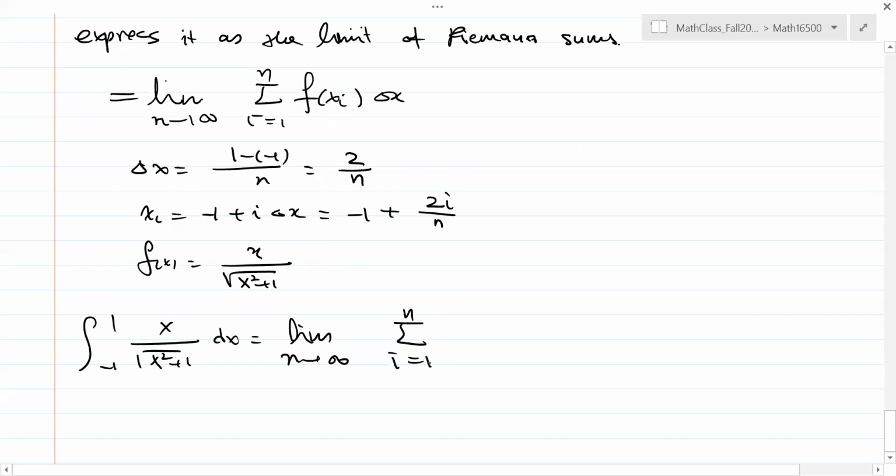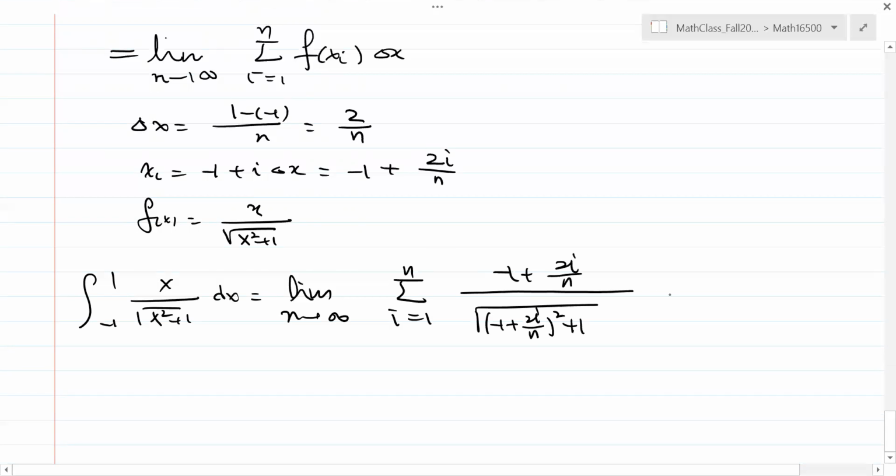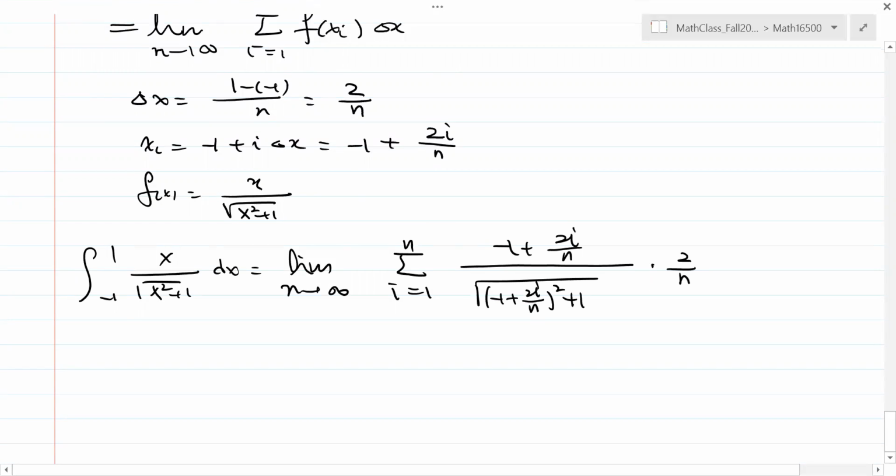All right, let's put the details. What is xi? Xi is going to be -1 plus 2i over n. So 1 over (-1 plus 2i over n) squared plus 1, and the delta x is 2 over n. Who can find a limit like this, right? It's impossible. But a computer can do it. Computer is so good, right? If you tell the computer how to do it, it can easily add 1 million terms together if you let n be 1 million.